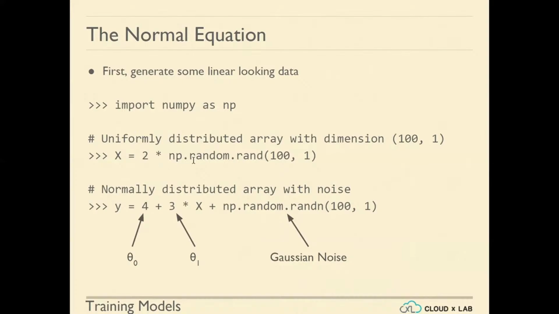Now this command np.random.rand will give you a random number between 0 and 1, right? So if you multiply this random number with 2, you will get a random number between 0 and 2, right?